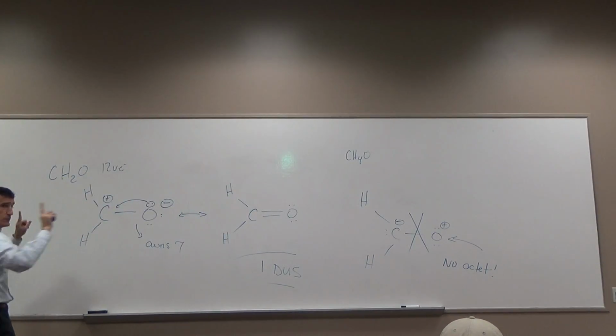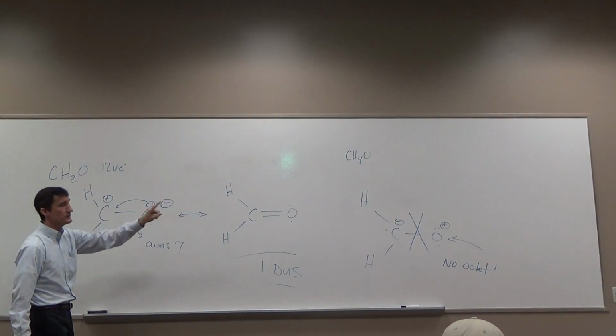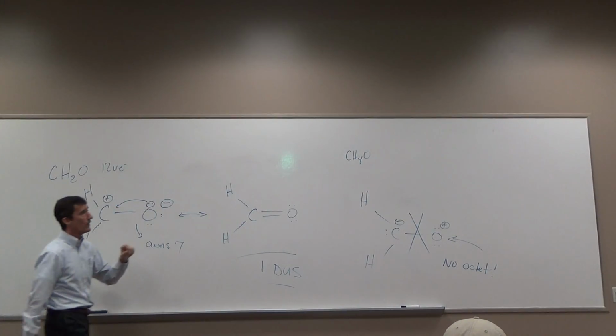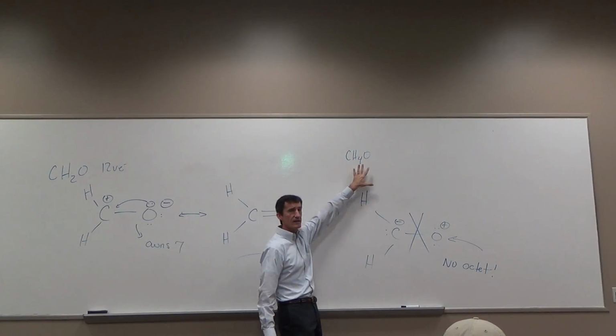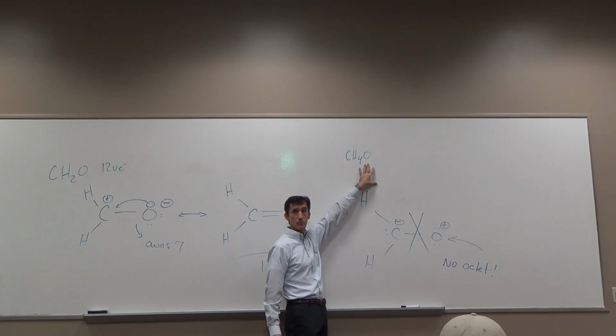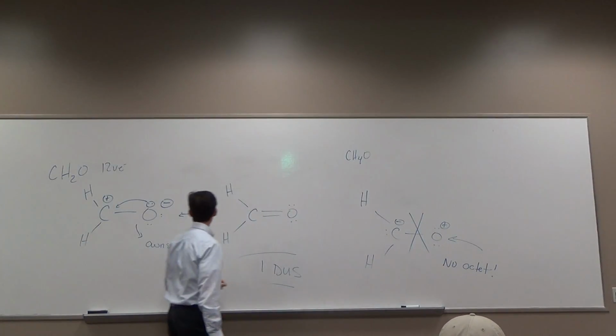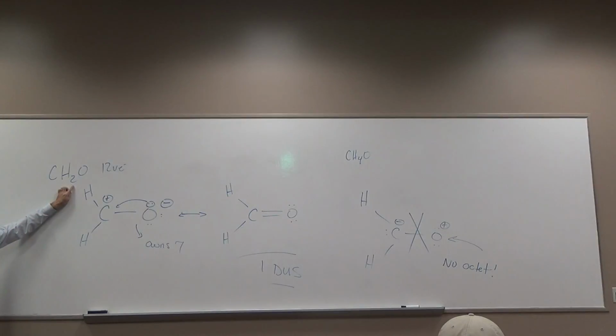Both of these formulas have 1 carbon, 1 oxygen. But that has 4 H's, this only has 2. Turns out 4 H's is the maximum you can have. We'll talk more about it. 2 is not the maximum, so it has less than the maximum. We say it's less than saturated.